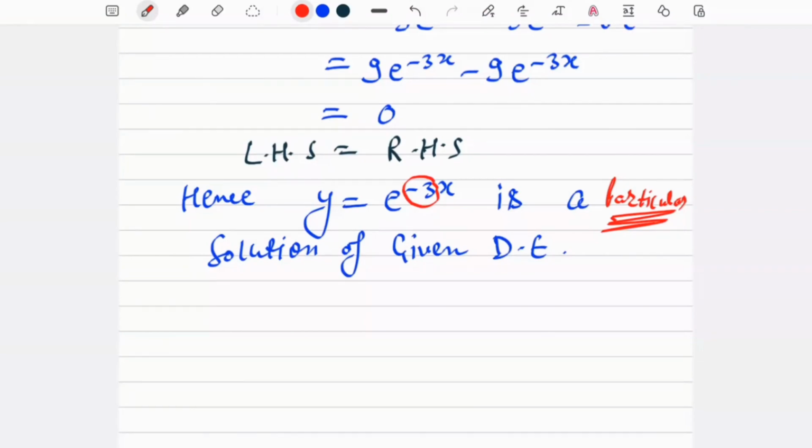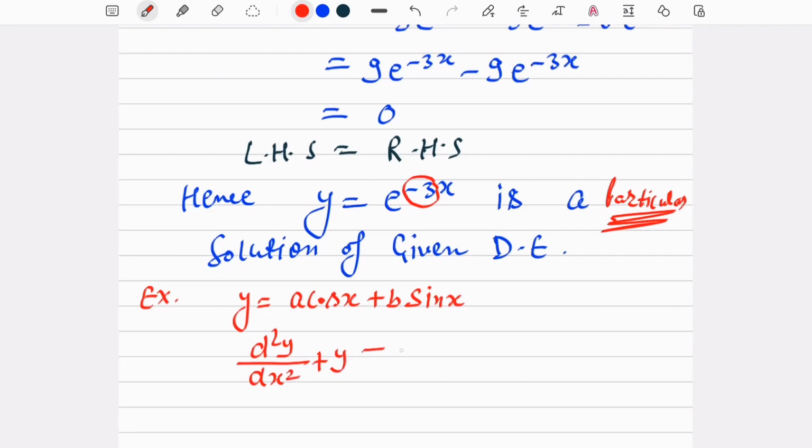Okay, go for another example, then we will move to another concept. Example number 3. Verify that y equals a cos x plus b sin x, and we have to check for d square y by dx square plus y is equal to 0.